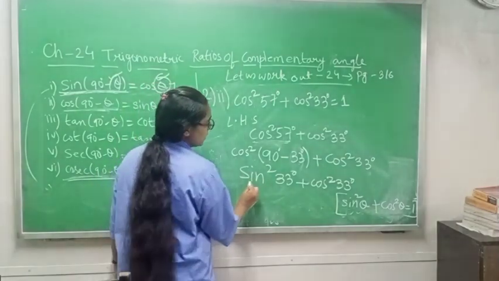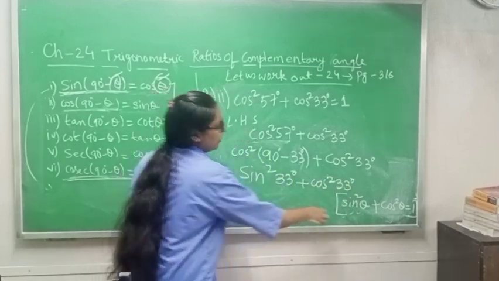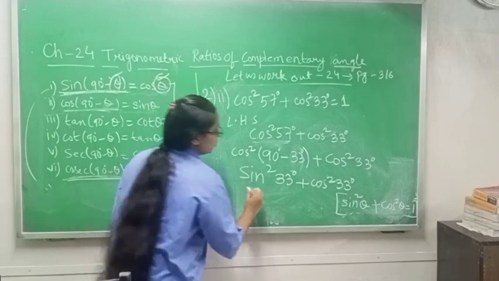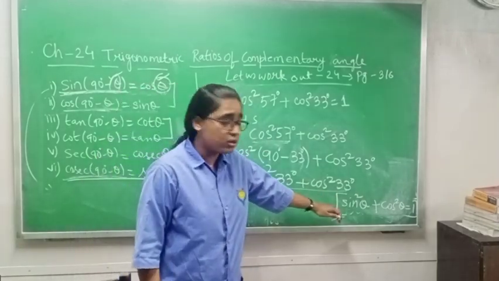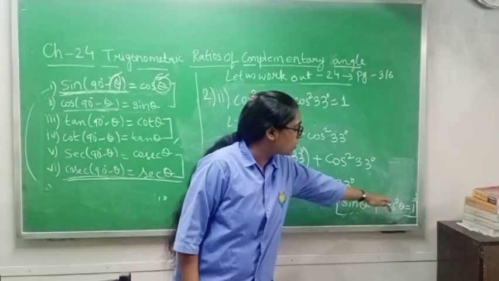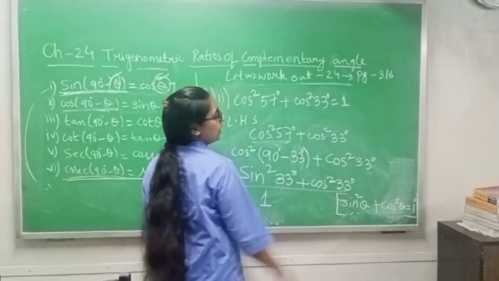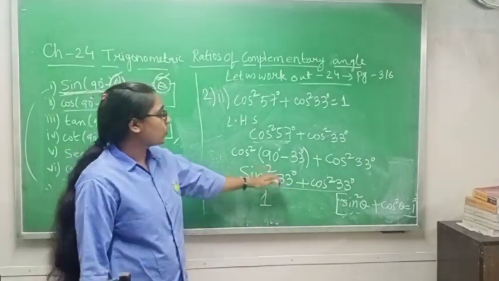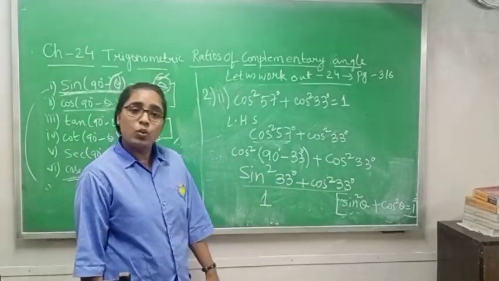So you can see this one, sin square 33 degree plus cos square 33 degree. Means in place of theta we have 33 and 33. So in this place I can write 1. Why? I have given the reason also that sin square theta plus cos square theta equals 1. Since sin square theta plus cos square theta equals 1, that is why sin square 33 degree plus cos square 33 degree you will get 1.